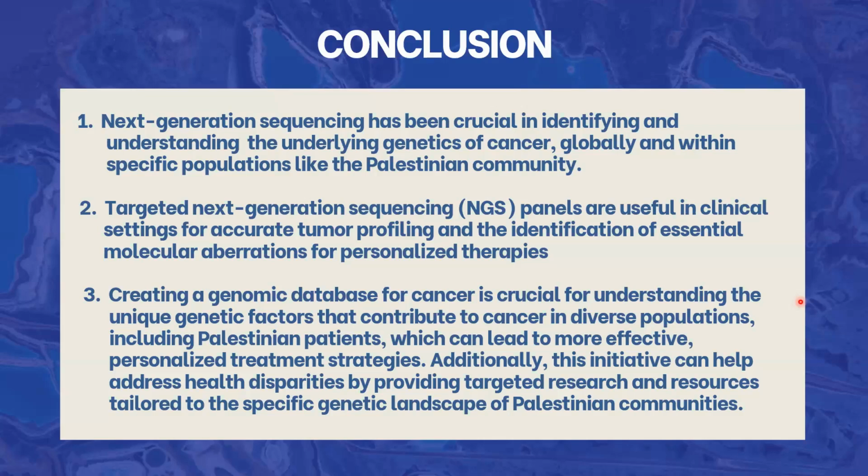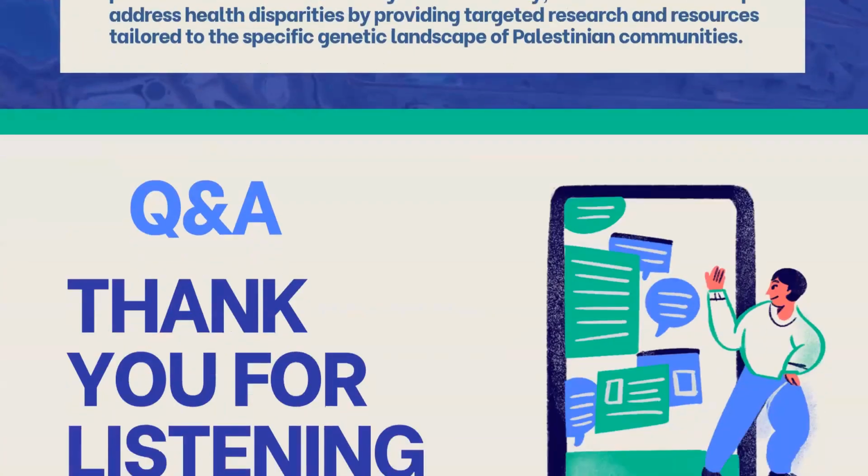Again, I can also use personalized therapies for specific communities. For example, this variant is specific and found in the Palestinian community, or found in the UK, or found in the US. So this is crucial for understanding the unique genetic factors that contribute to cancer in diverse populations.